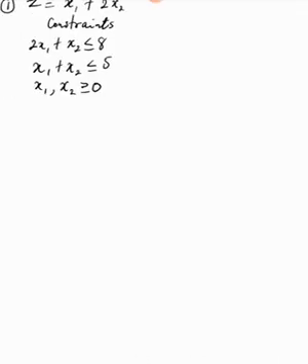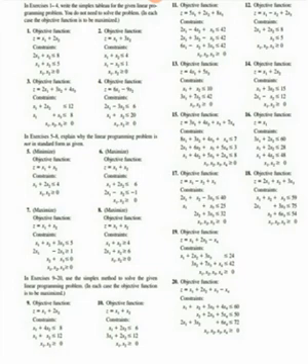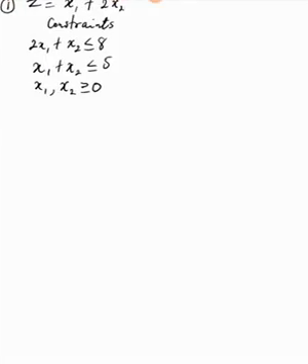Okay. So before this, let's quickly take a look at the first question we have here. So we have it written here. The question is to maximize this z equal to x1 plus 2x sub 2.